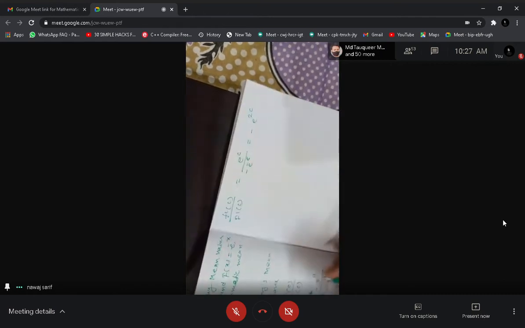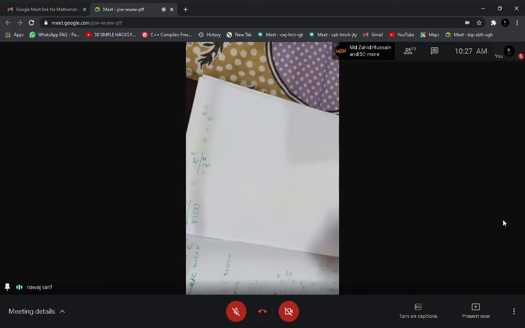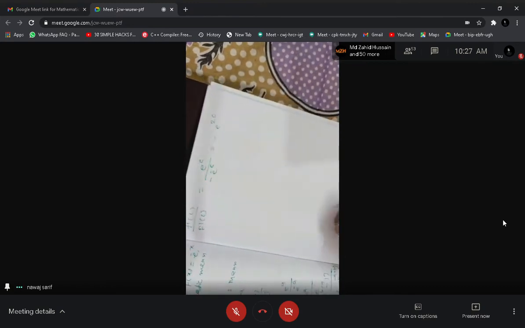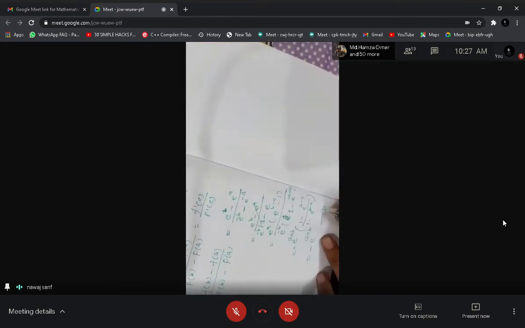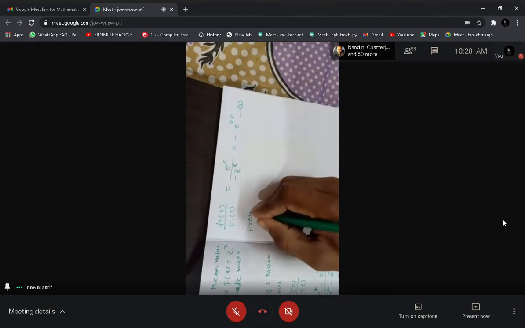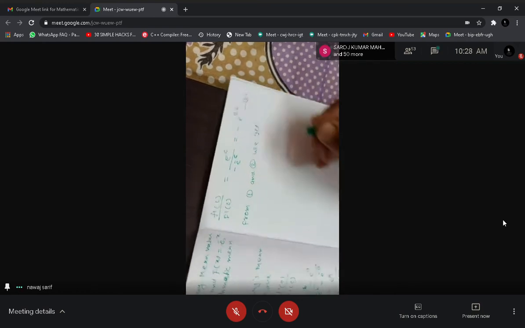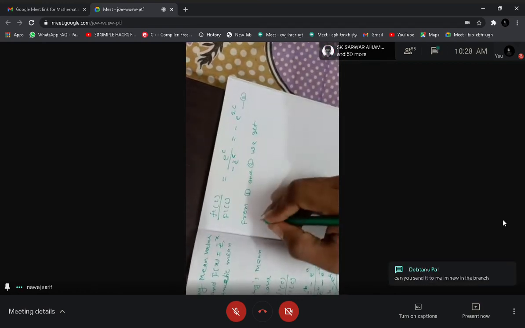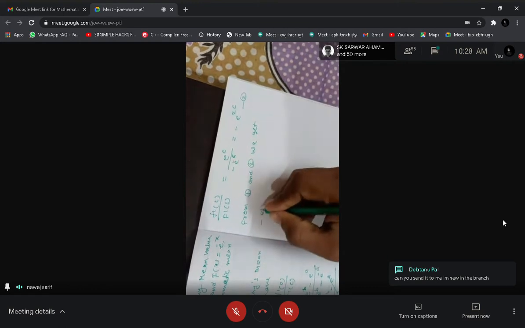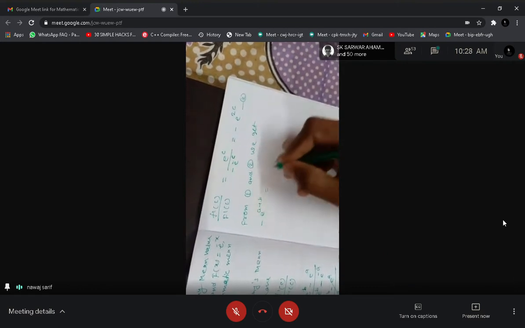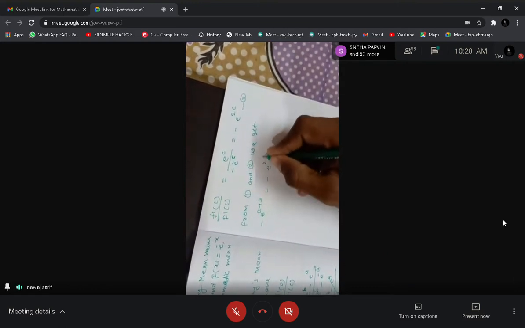So from this expression, what can we say? Write down this one as expression 1 and this one as equation 2, then from 1 and 2 we get minus e to the power a plus b equals minus e to the power 2c.